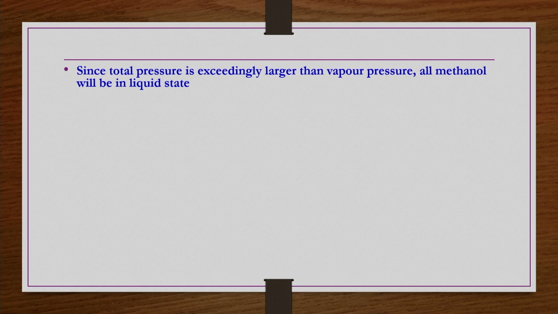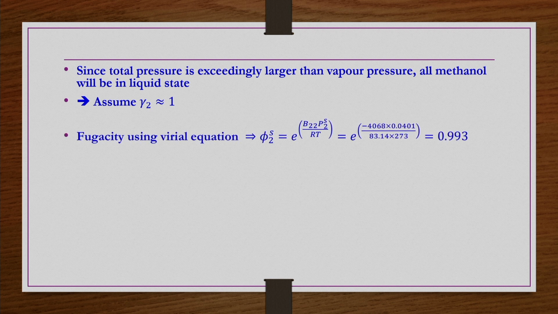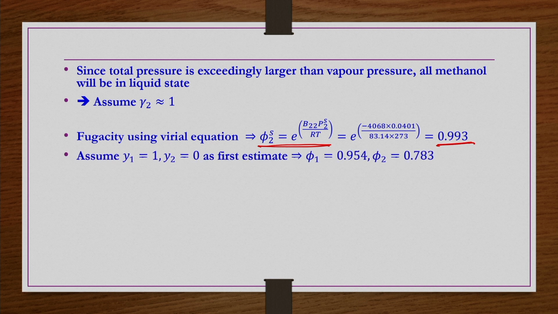So, total pressure is exceedingly larger than the vapor pressure, all methanol will be in liquid state. Then you can take gamma 2 equals 1, right. Then phi 2s we have to find out from the virial equation, that is nothing but exponential of B2 P2s by RT, that you get 0.993, and then assume y1 equals 1, y2 equals 0 as the first case.